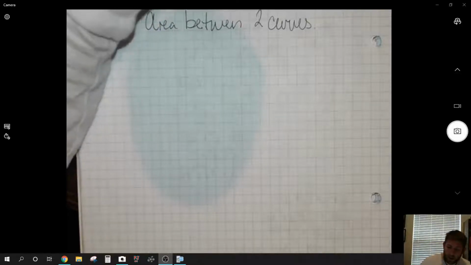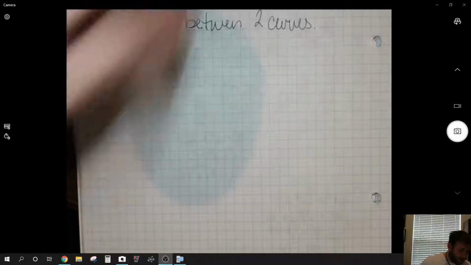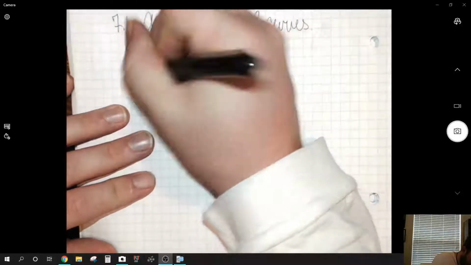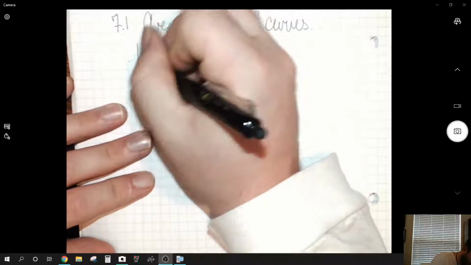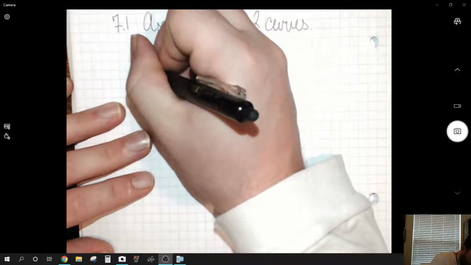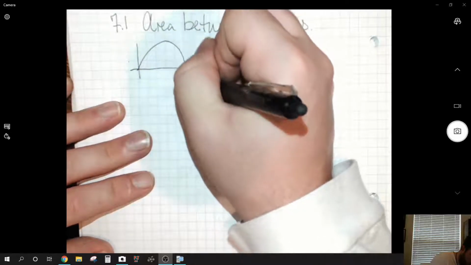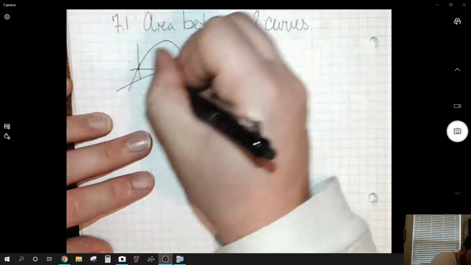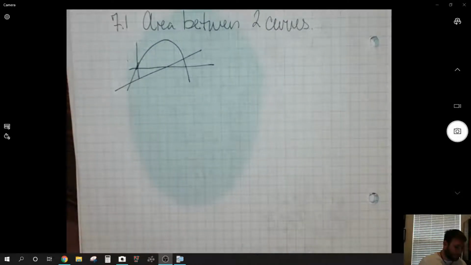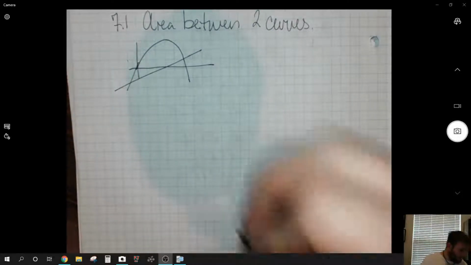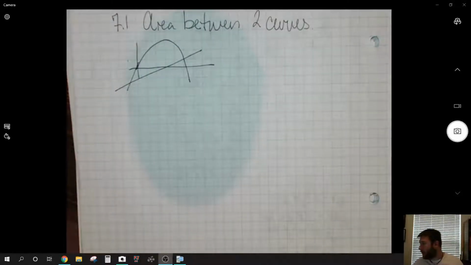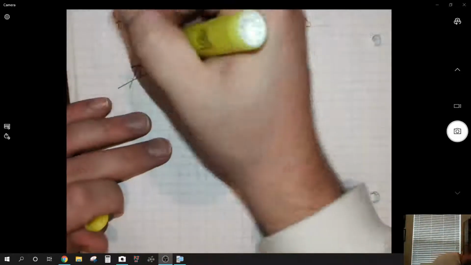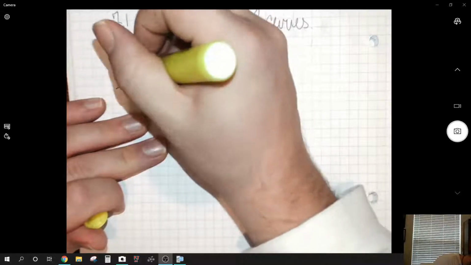Okay, so today is finding an area between two curves. Essentially, if I have, let's say, this curve here and this line here, my goal is to find this area right here.